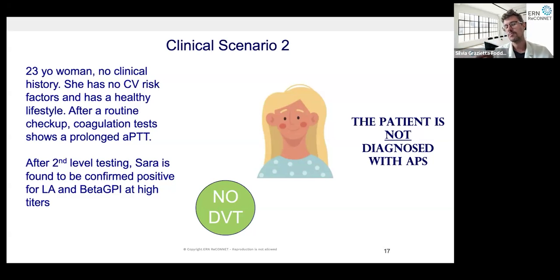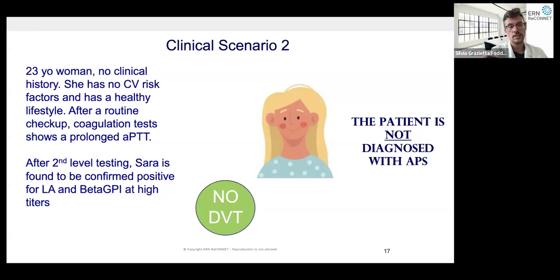So in the lab, somebody is thinking about this and tests Sarah for lupus anticoagulant. After second level testing, Sarah is confirmed to be positive not only for lupus anticoagulant, but also for beta-2 GP1 antibodies at high titers.